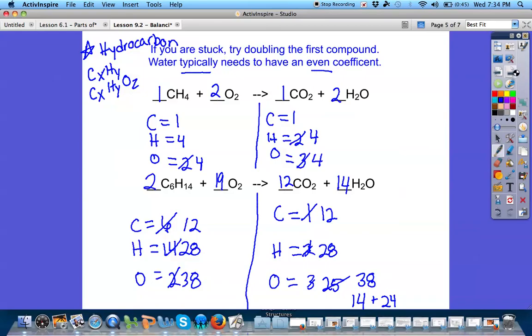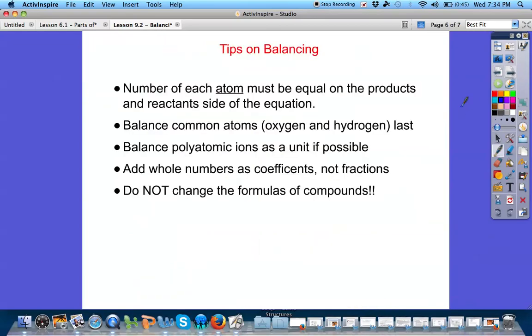So my final tips on balancing: the number of each atom must be equal on the products and reactant side of the equation. You're going to want to balance common atoms last, such as oxygen, O2, and hydrogen, if possible. Balance your polyatomic ions as possible. We talked about that. It has to be on both sides of your chemical equation.